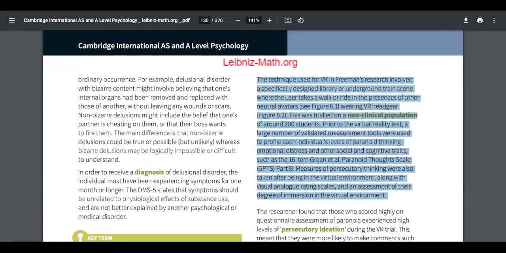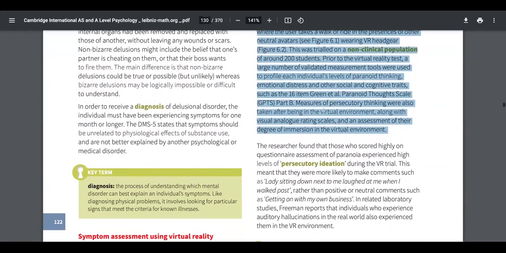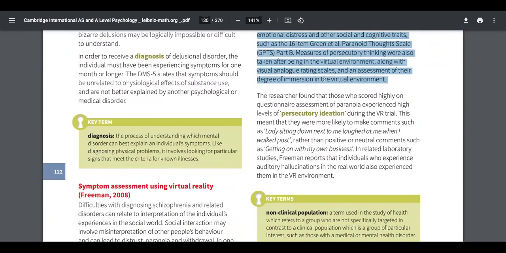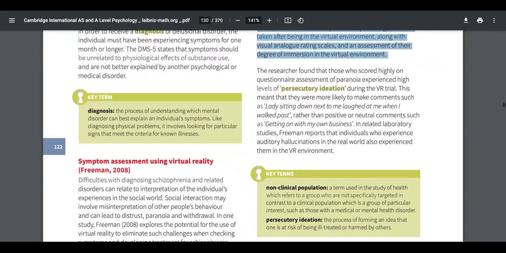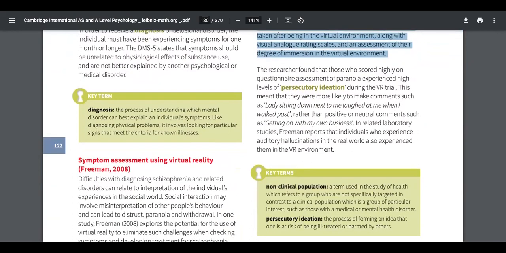Before looking at the sample, the one thing we need to know is that there were 200 non-clinical population. Non-clinical population refers to those who are not going through some sort of health related disorder. It is a term used in the study of health which refers to a group who are not specifically targeted, in contrast to a clinical population, which is a group of particular interest.